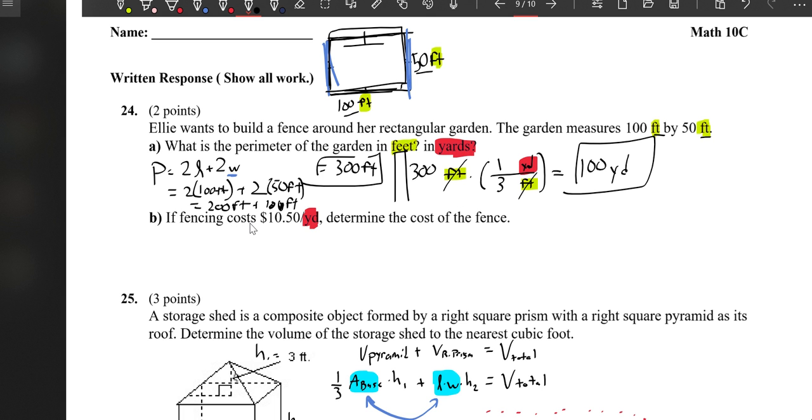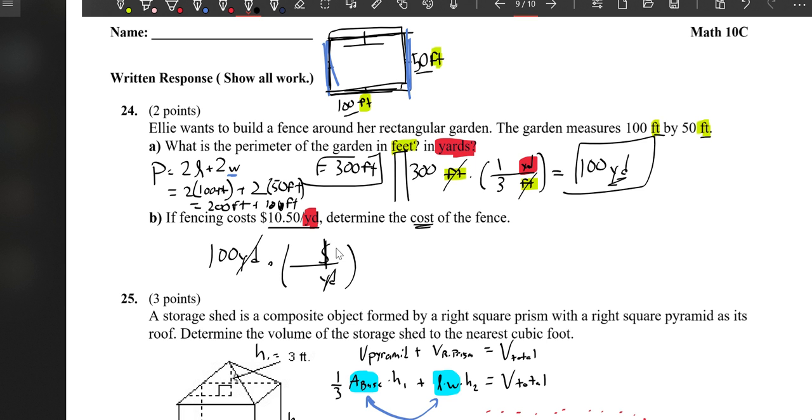B, if fencing costs $10.50 per yard, determine the cost of the fence. So I'm going to use the value in yards because that's the pricing they gave us. So $10.50 per yard and 100 yards. I want the answer to be just in dollars, right? So I know I'm going to have something where yards is gone and I've replaced it with dollars, which is great because that's what I've got right here.